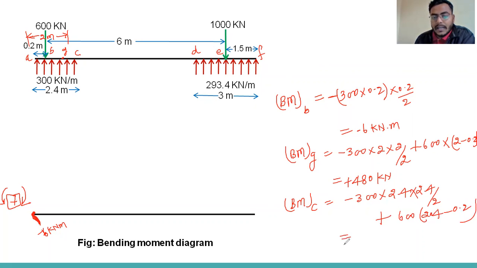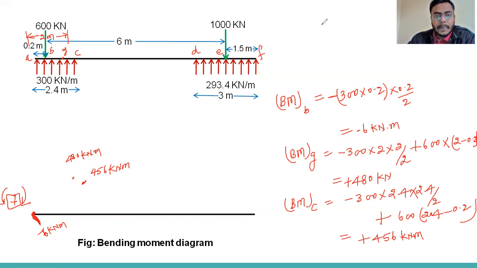Okay, so I've calculated, so I'm writing that we get 456 kilonewton meter, right? So at this point G, we get 480 kilonewton meter. At a point C, we get this value, 456 kilonewton meter.